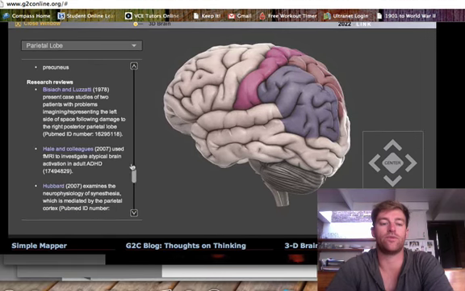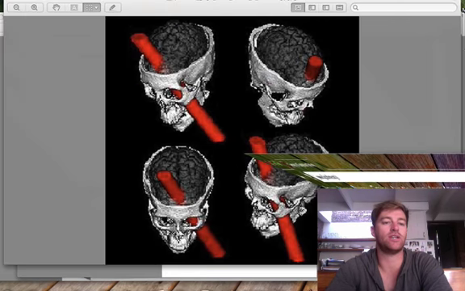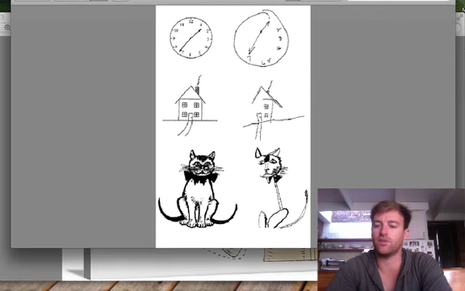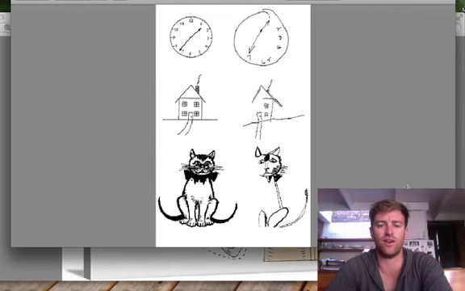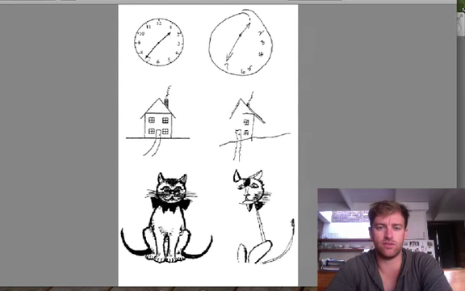So, spatial neglect, what does that mean? Well, I'll show you an example of someone who has or had spatial neglect. This is a drawing test. I would definitely fail it because you all know how bad I am at drawing. But what do you notice?